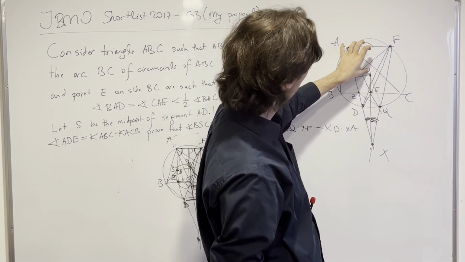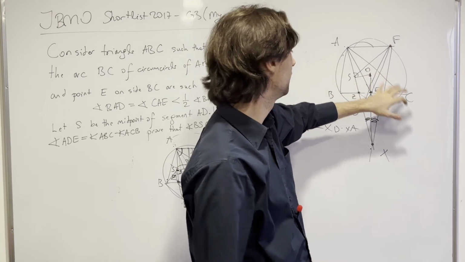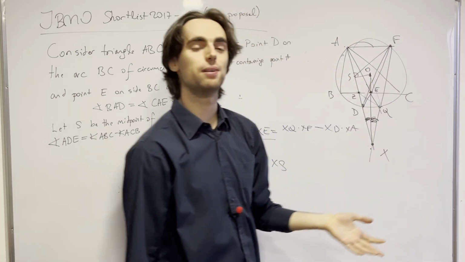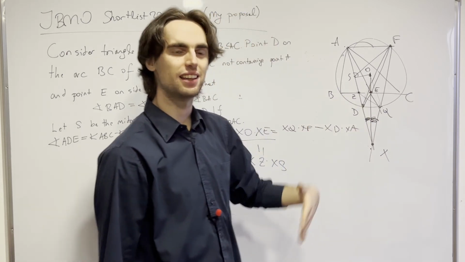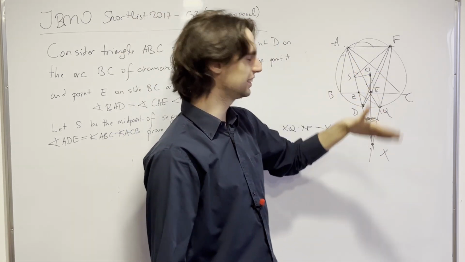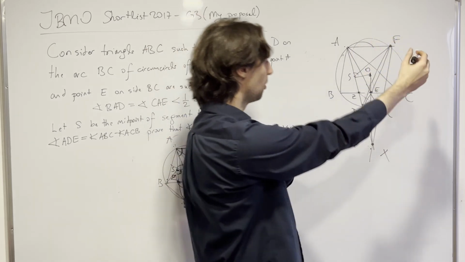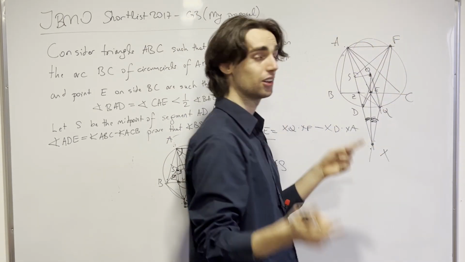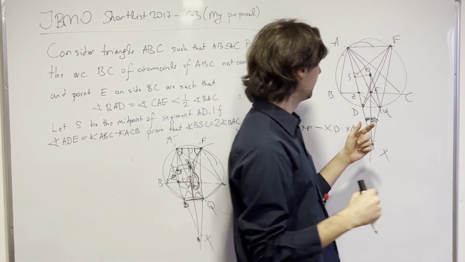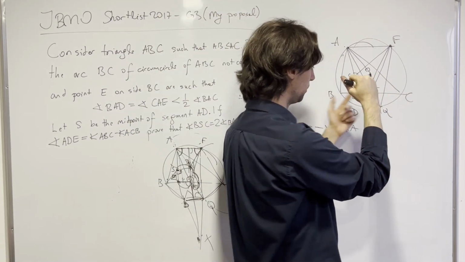Now you also have OA equal to OQ. Does that remind you of anything? The answer is there's a lemma: the angle bisector and the side bisector intersect on the circumcircle. So the points O, A, Q, X are concyclic.